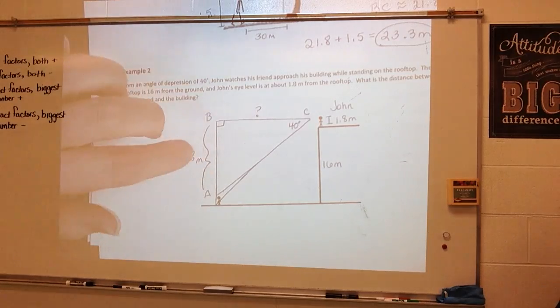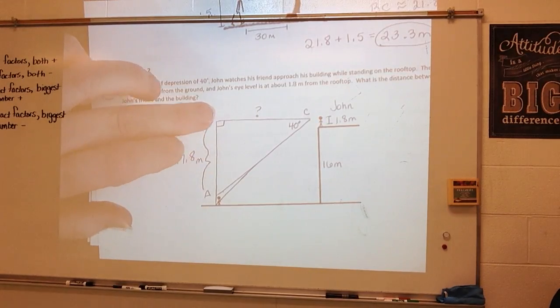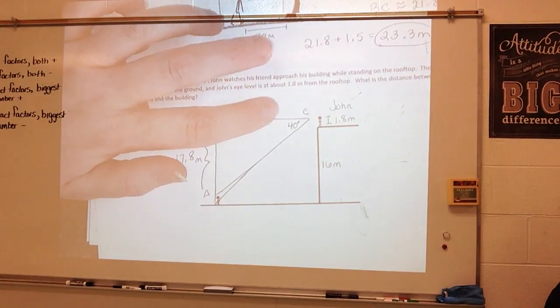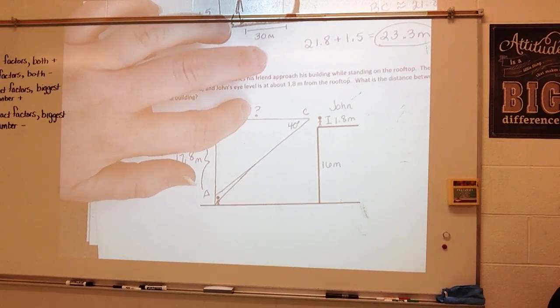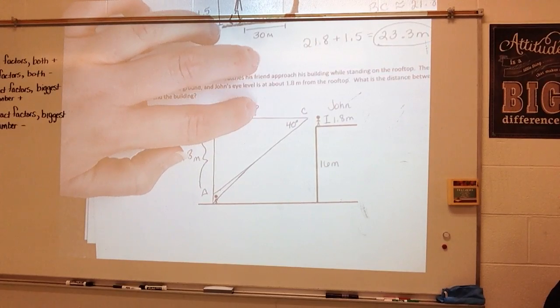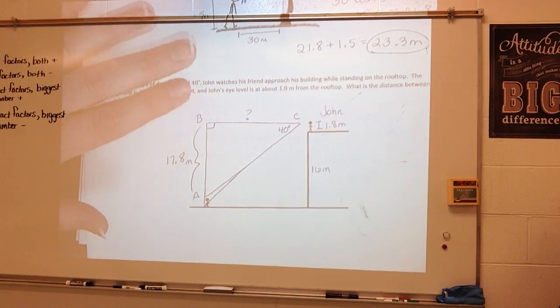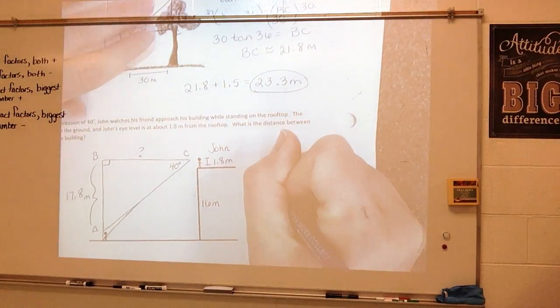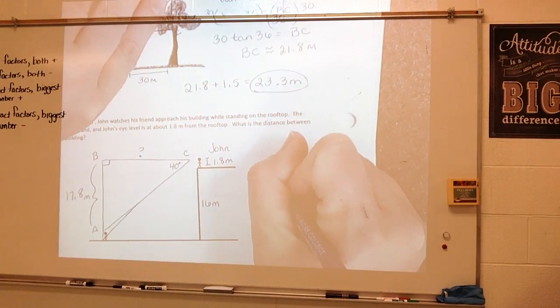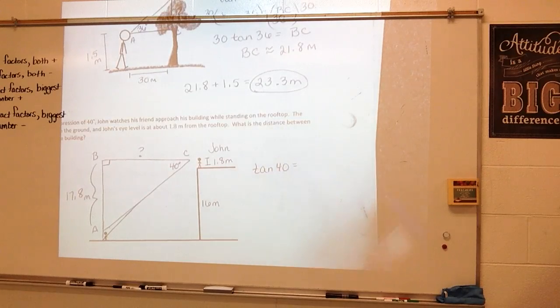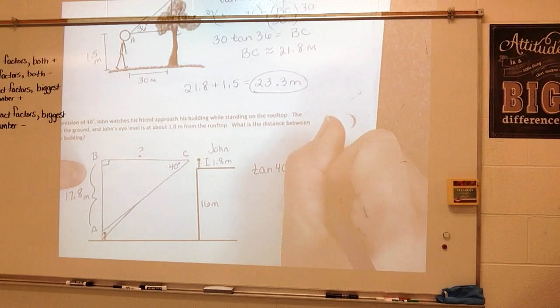So let's look at what we know. I'm trying to find BC, which is my adjacent. I know my opposite. So we know that we're going to use tangent. So we're going to do the tangent of 40 degrees is equal to, so tangent is opposite, so BA over hypotenuse.